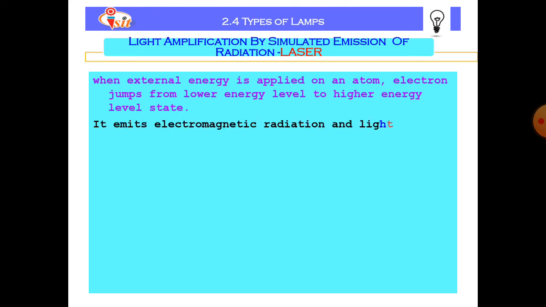It emits electromagnetic radiation along with the light. Its color depends on frequency and wavelength. It means if we control the frequency and wavelength, then it will give various color spectrums.